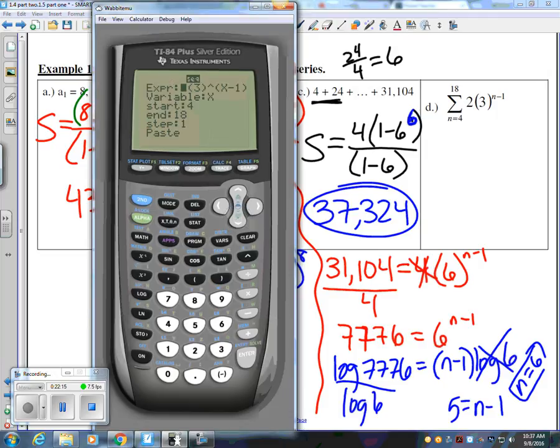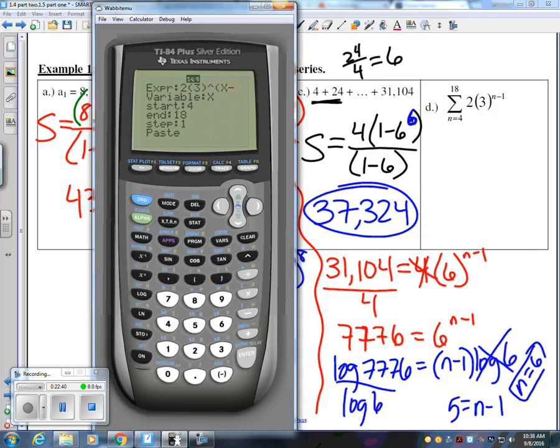All right, does anybody have a calculator that looks like mine where it has like the list stacked on top of each other? Okay, if so, make sure you type it in like this. You got to type in 2, parentheses 3, close your parentheses, caret key, but then you have to put x minus 1 in its own set of parentheses.